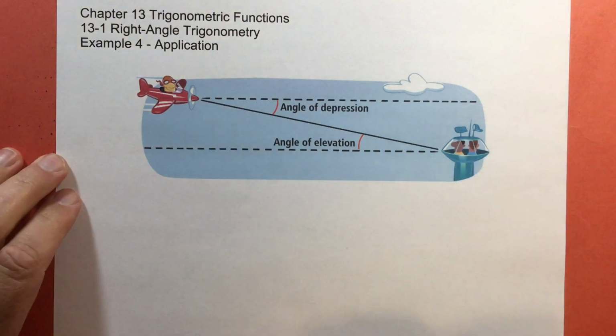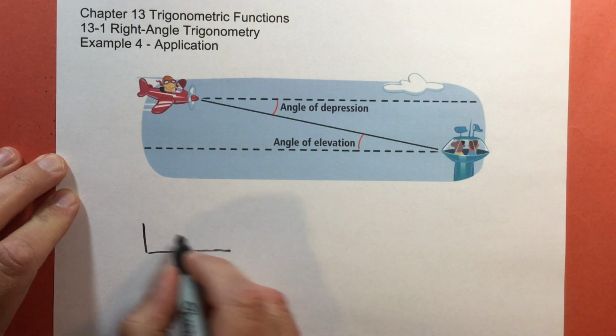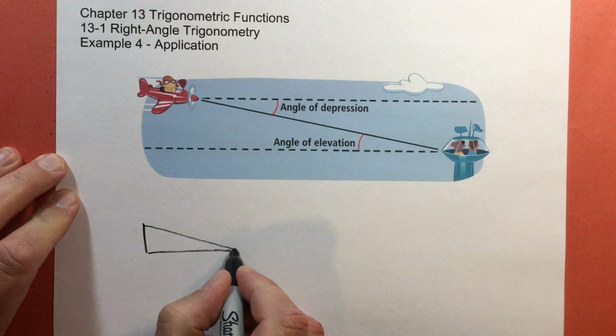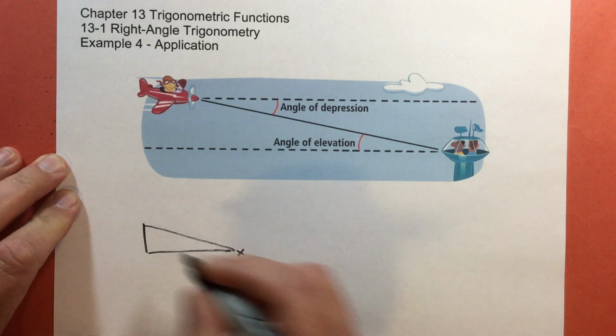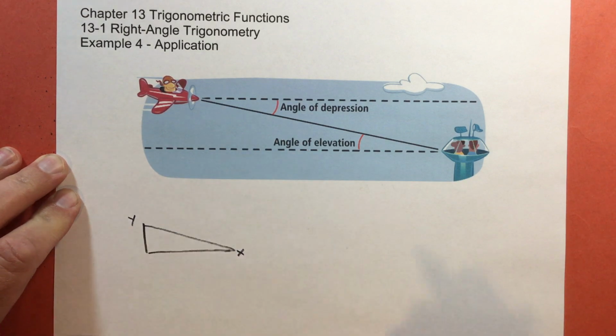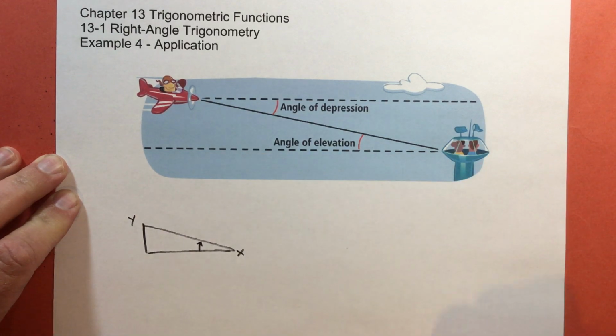If I have my triangle that looks like this, and here's you at x, and here's the airplane at y, looking up at the airplane is an angle of elevation.